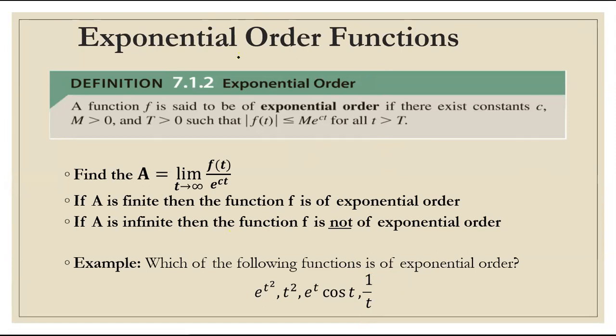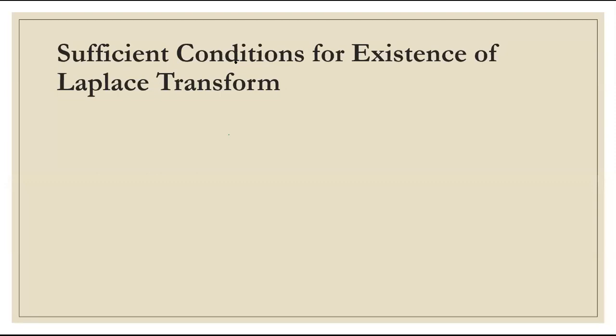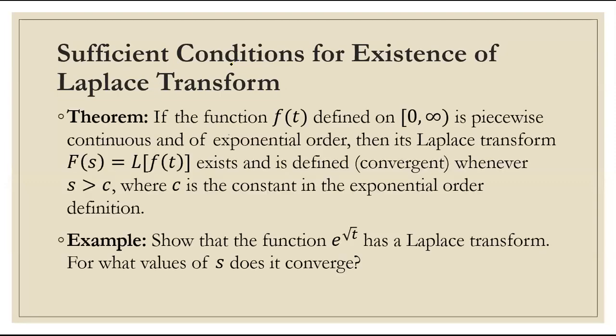And the last slide now, I'm going to explain the theorem here. Notice it is a sufficient condition. So if your function satisfies the following conditions, you can say, yes, there is a Laplace transform. But if your function doesn't satisfy one of the following conditions, you can't say anything.